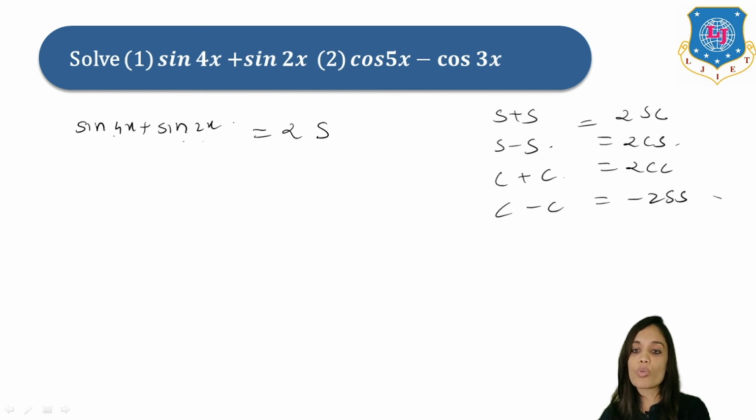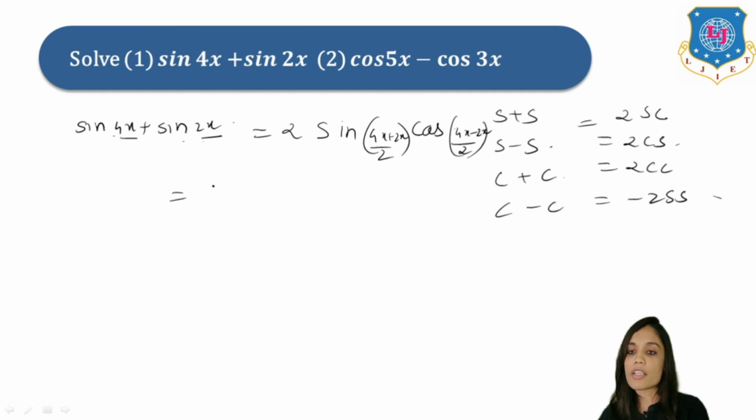So it will be 2sc, that is 2 sine and cos. Now what we have to do in the first bracket, add these 2 and divide by 2. So (4x plus 2x) divided by 2, and here we have to subtract the angles, right? So the final answer will be 2 sine, this will be 6 upon 2, so sine 3x, this will be 2 upon 2, so cos x.